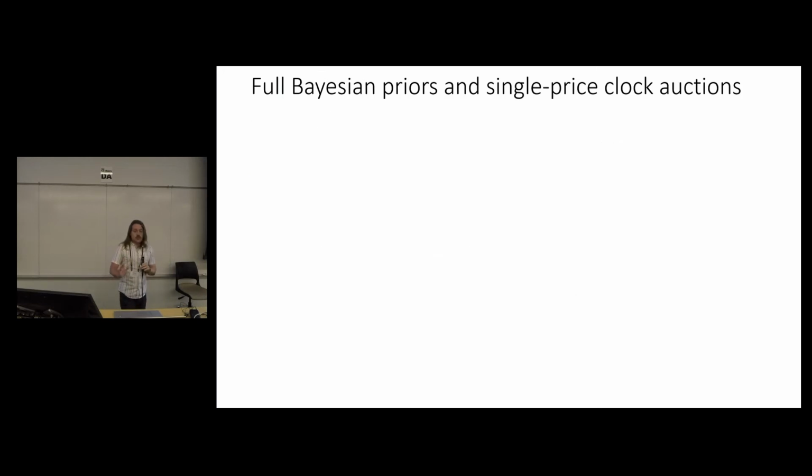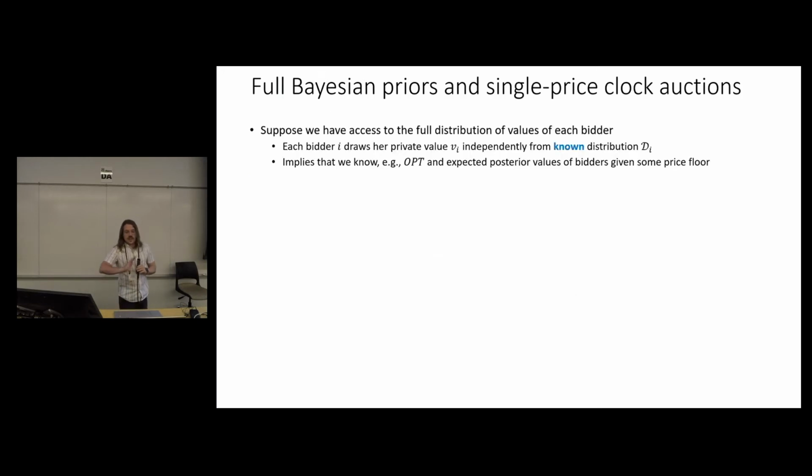So for our first setting, let's assume we have access to the full distribution of each bidder. In other words, each bidder draws her value independently from a distribution we know. When we know the whole distribution, observe that we can infer almost any statistic we want. For example, the benchmark, the expected posterior value of a bidder given that she accepts some price, and many others.